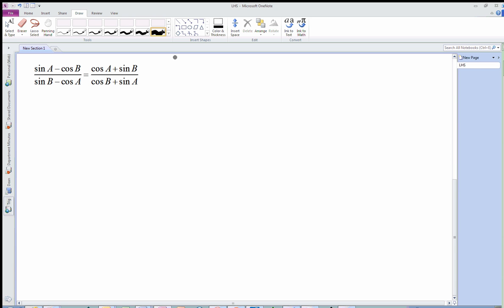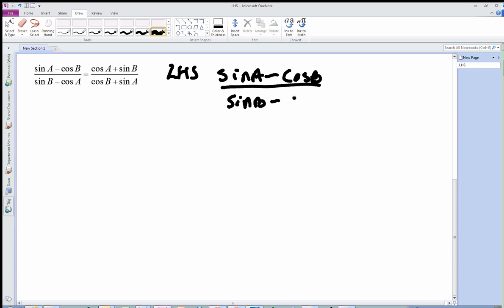So if we start off with the left hand side, which is sine A minus cos B, all over sine B minus cos A. Now the trick for this is, on the bottom line, that is what I'm going for.